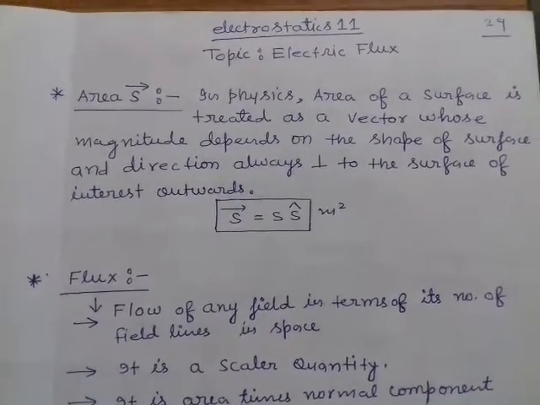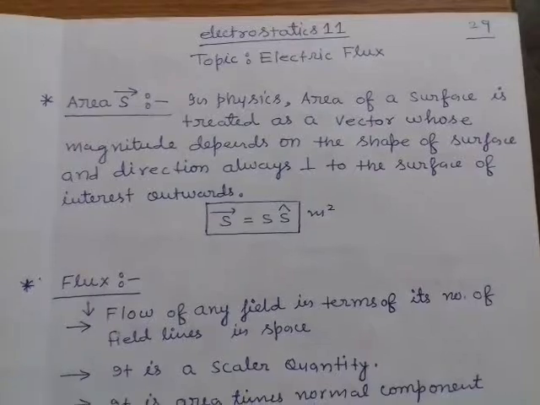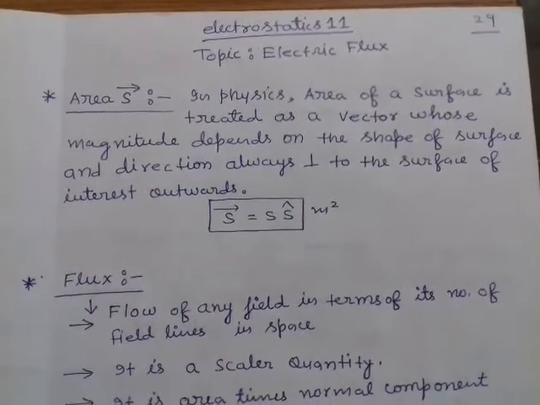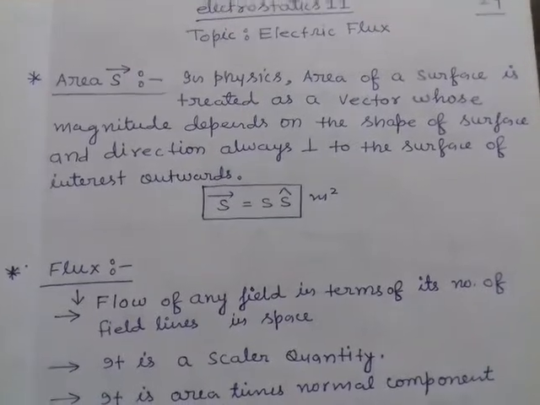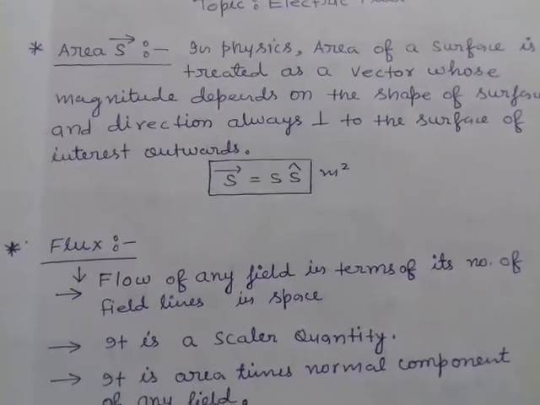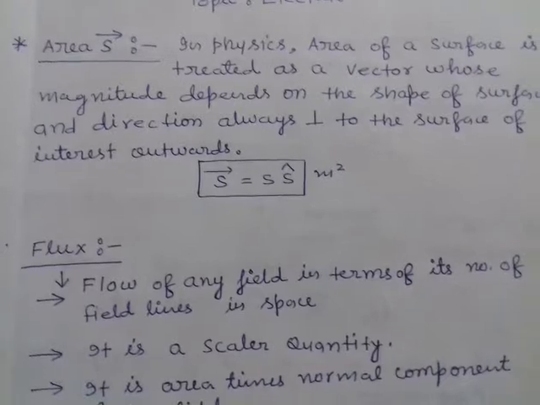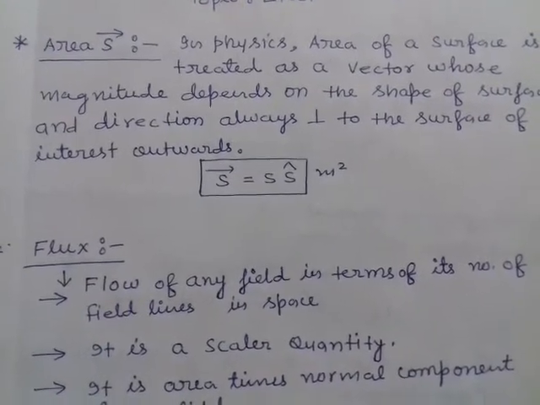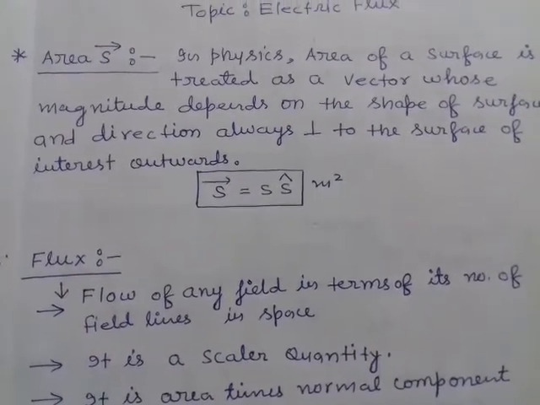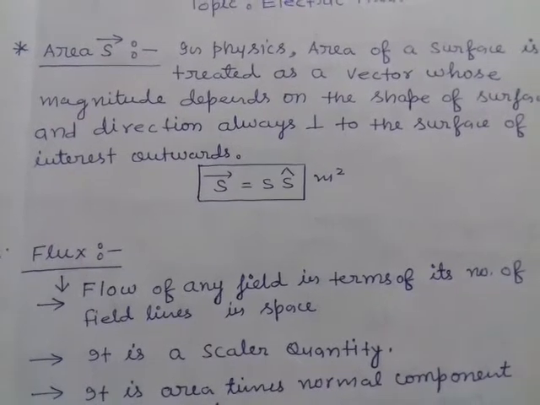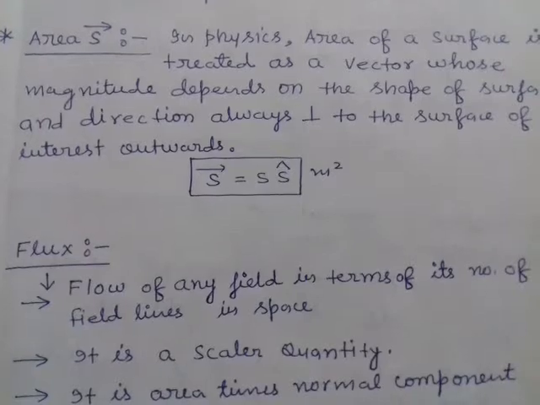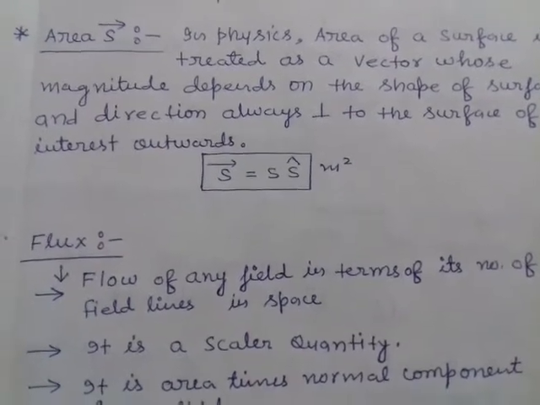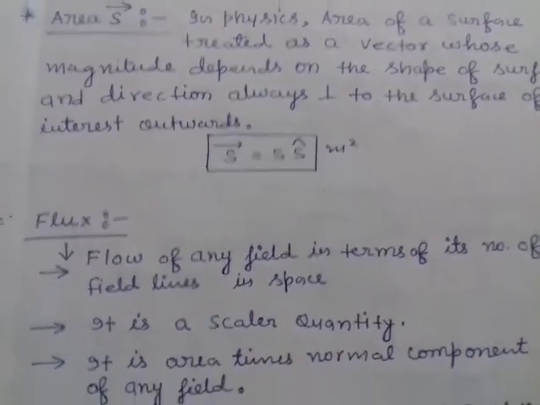This is also discussed in 11th class that in physics area is treated as a vector quantity. Vector S is equal to magnitude of S and the direction of area is represented by unit vector S, which is always perpendicular to the surface of interest outwards.